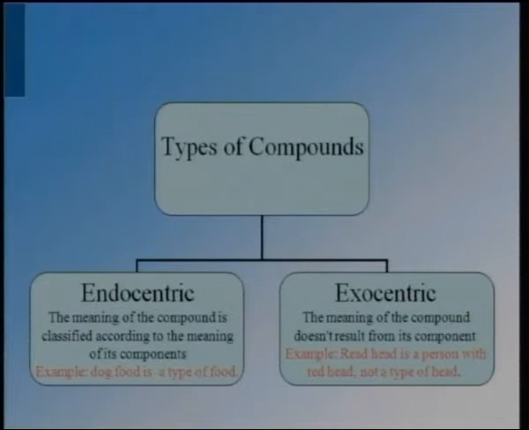Now, the semantic types of compounds. We have two types, endocentric and exocentric. In the endocentric, the first element denotes the meaning of the whole compound. However, in the exocentric compound, you cannot deduce the meaning from the structure of the compound. So in endocentric, the meaning of the compound is classified according to the meaning of its components.